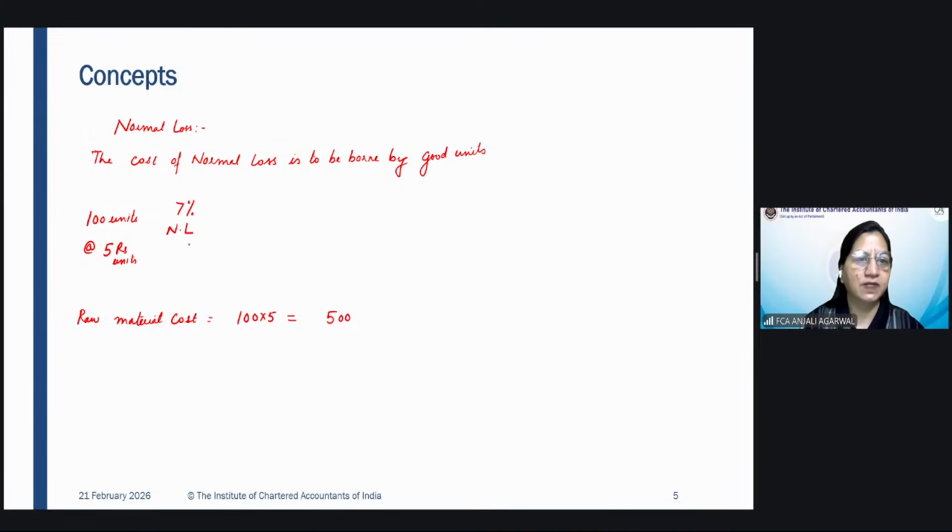But if there is a 7% normal loss, so 7% of 100, I assume that 7 units will be lost in process, which means my raw material cost per unit will be slightly inflated. 500 is the raw material cost, which has to be now borne by 100 minus 7, which is 93 units.